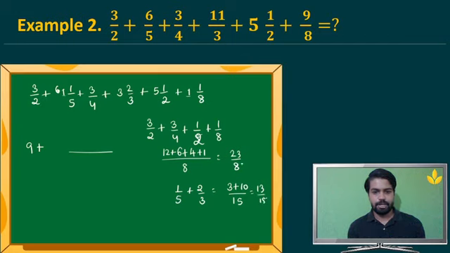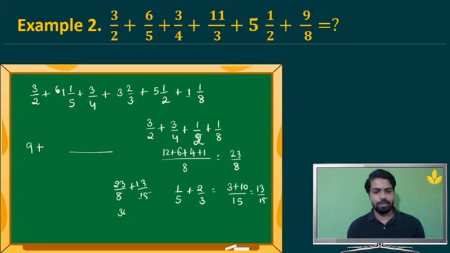So now I need to add these two numbers. 23 by 8 plus 13 by 15, and I don't see any common factors, so the LCM is the product itself. So 23 is multiplied by 15. 15 2s are 300, and then 15 3s are 45.